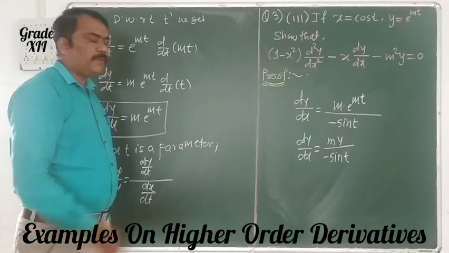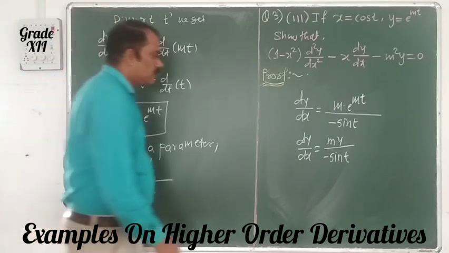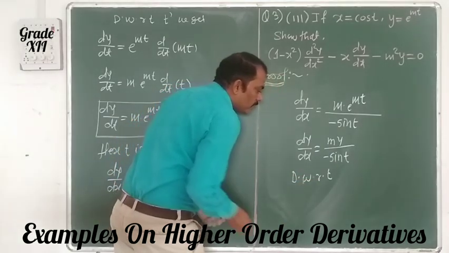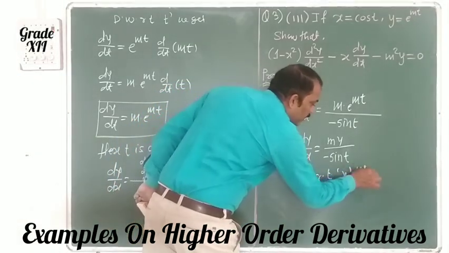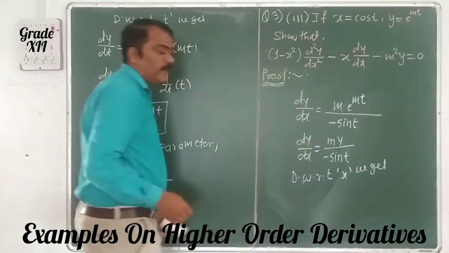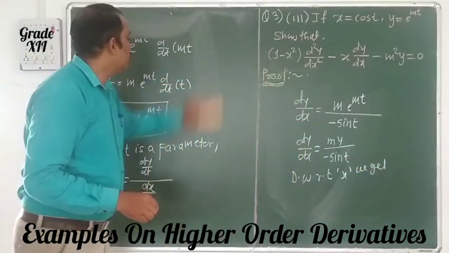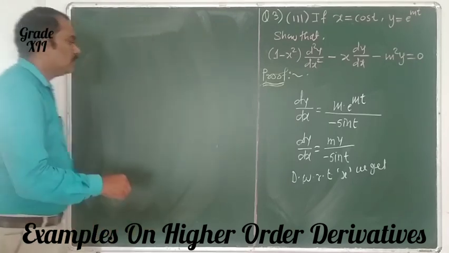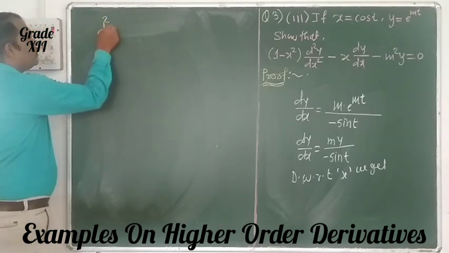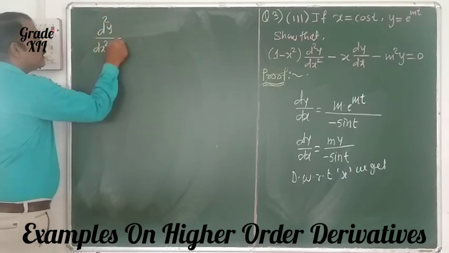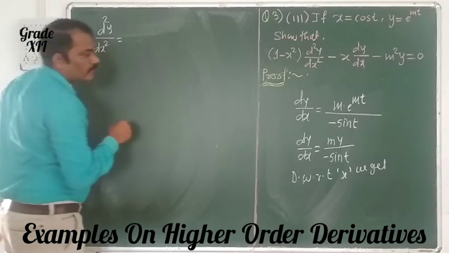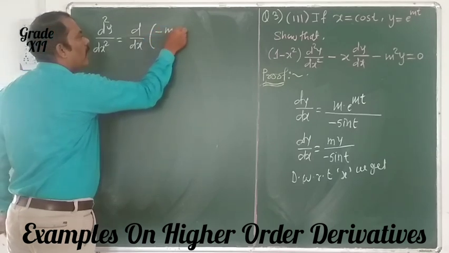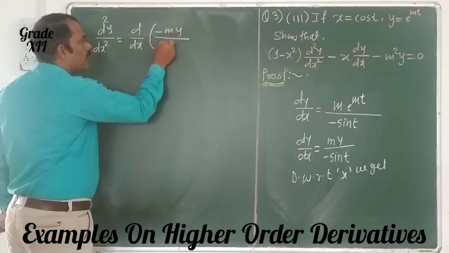Now we have to differentiate this with respect to x. Differentiating dy/dx with respect to x, we get d²y/dx², which is equal to d/dx of minus m y divided by sin t.